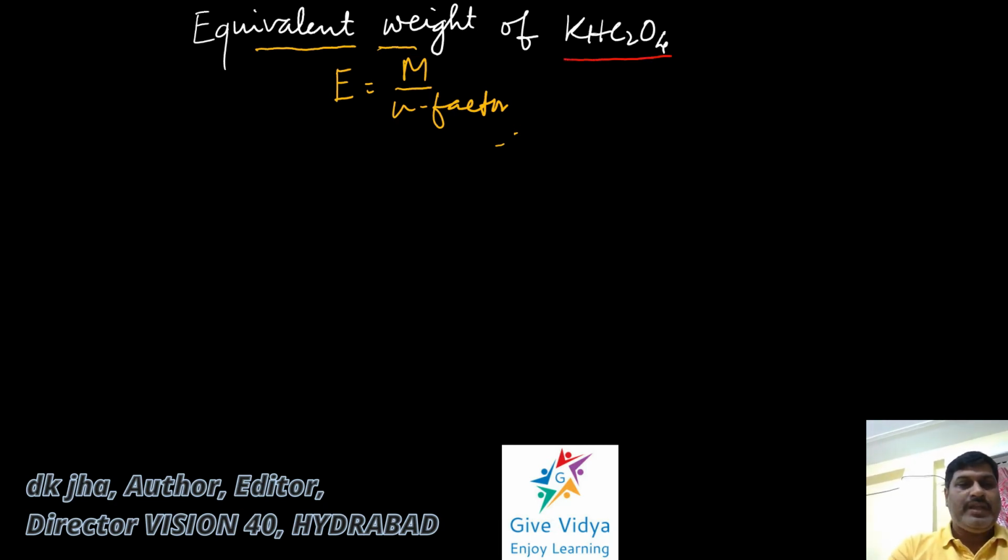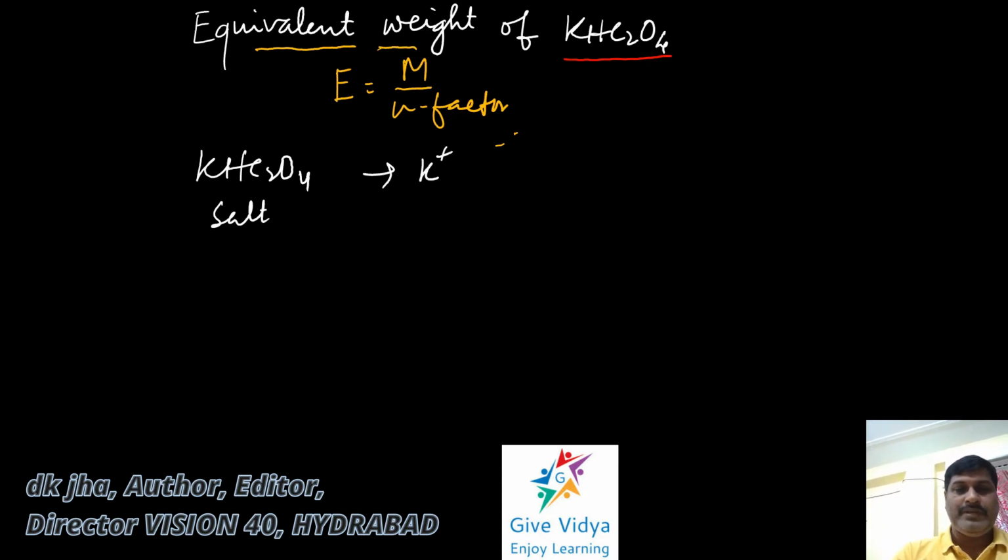KHC2O4. Understand this: this is basically, in general, acting as a salt. You write here K plus, HC2O4 minus.